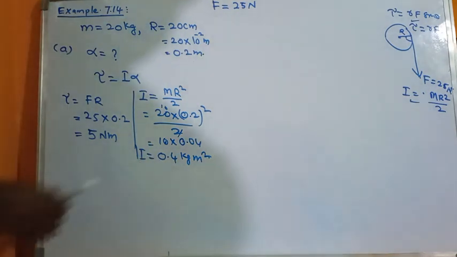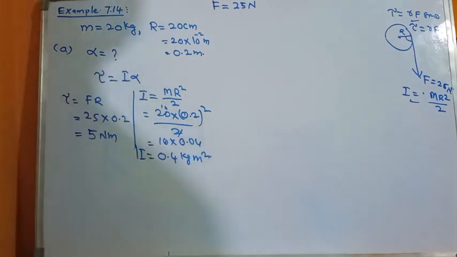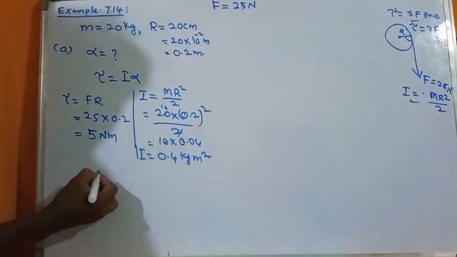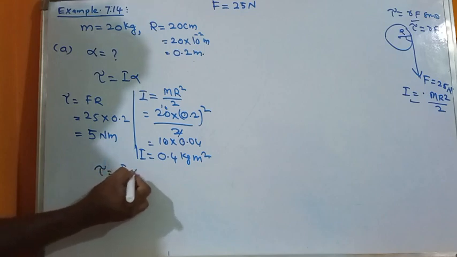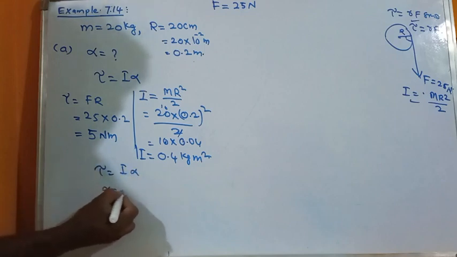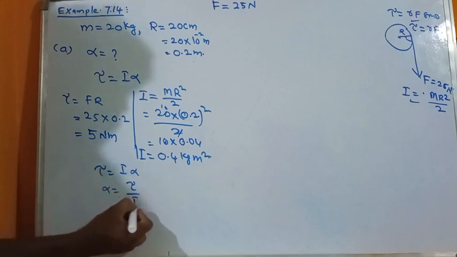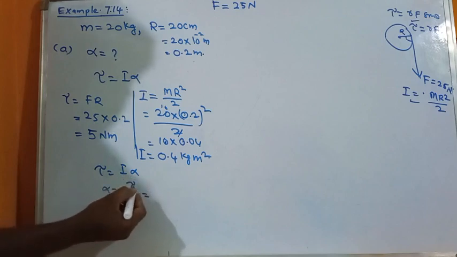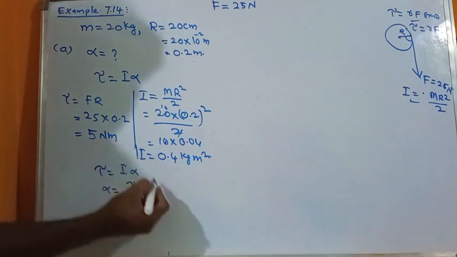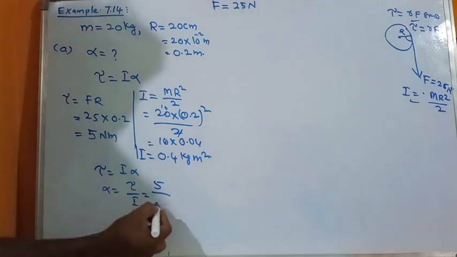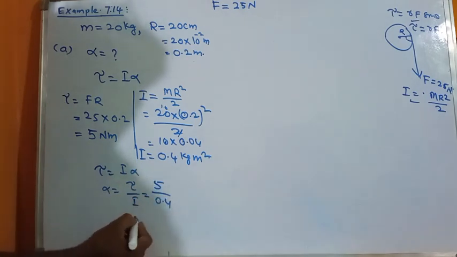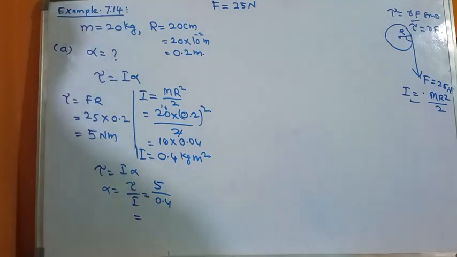Then substitute these two values in this equation, tau is equal to I alpha. From that, alpha is equal to tau by I, that is 5 by 0.4.